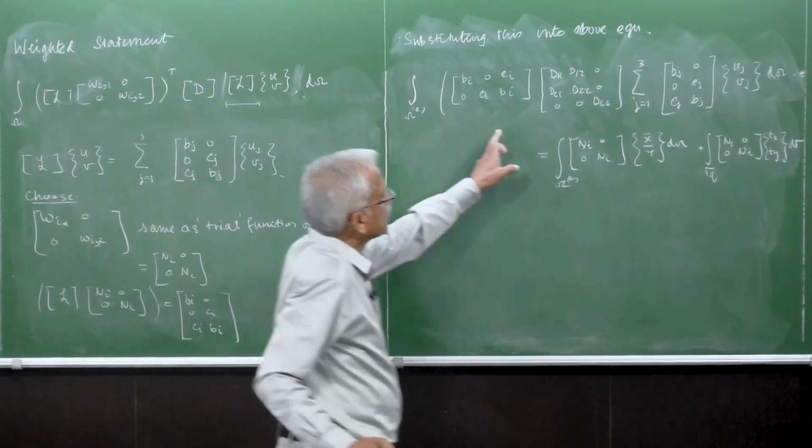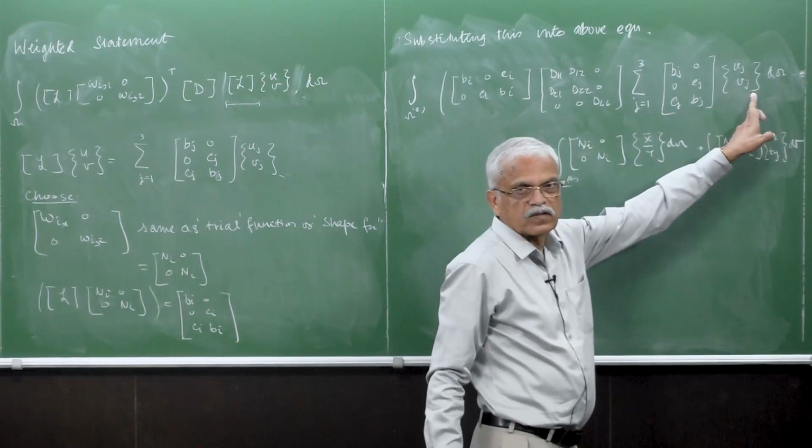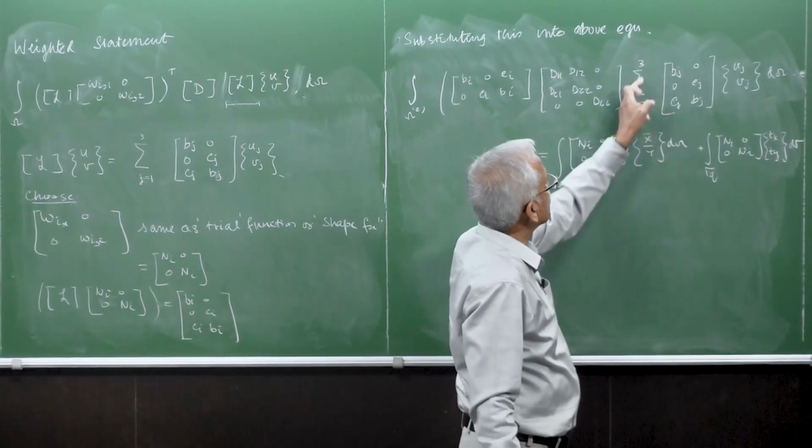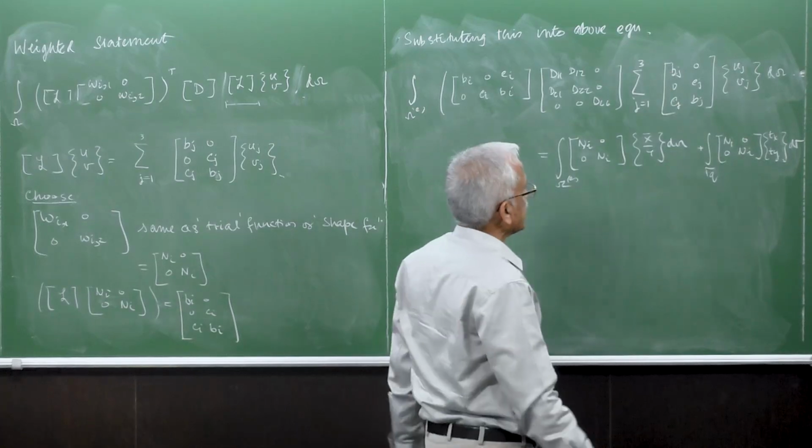That means this top one will have 3 terms corresponding to j equal to 1, 2, 3, that is i, j, k.